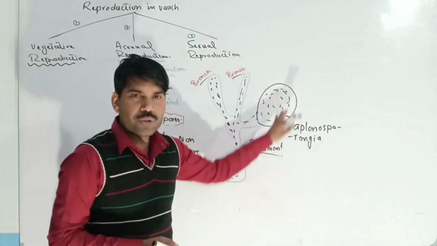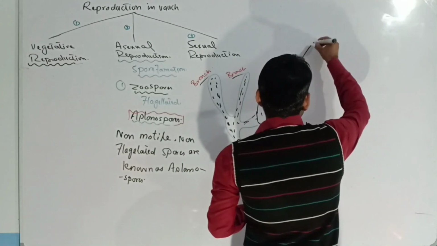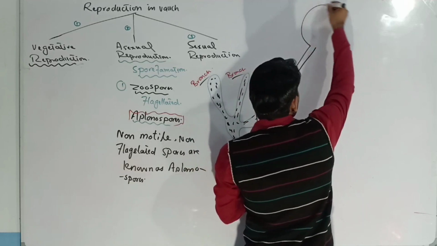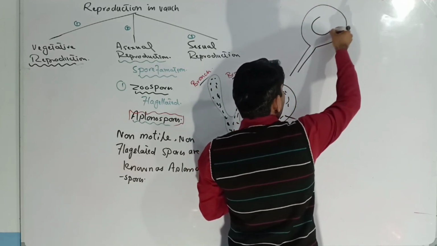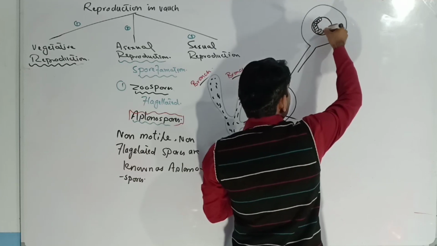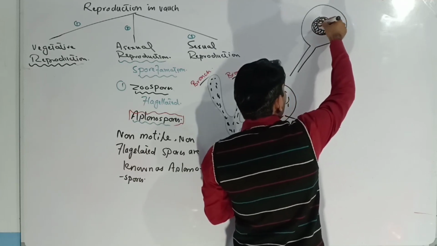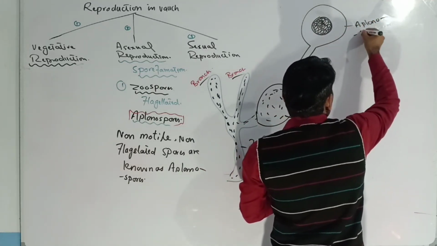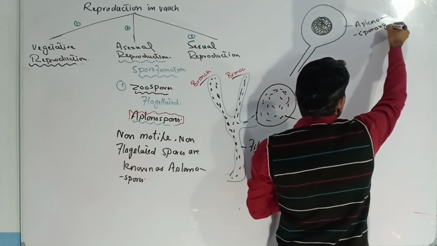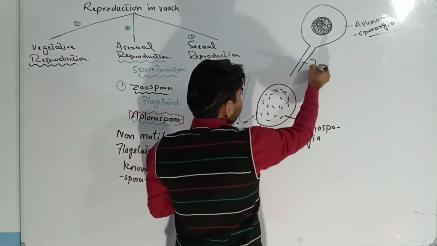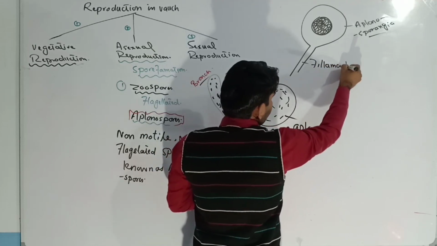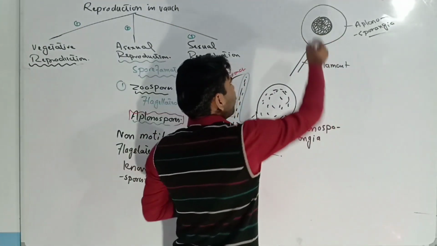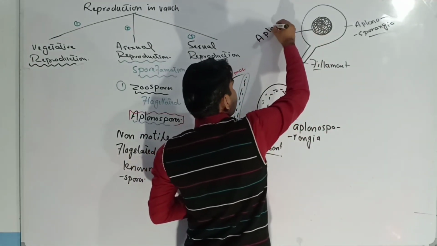In this aplanosporangia, for example, this is a filament and this is the aplanosporangia. A single large aplanospore is present. This is the aplanosporangia, and this is a filament, and the spore present inside the aplanosporangia is known as aplanospore.